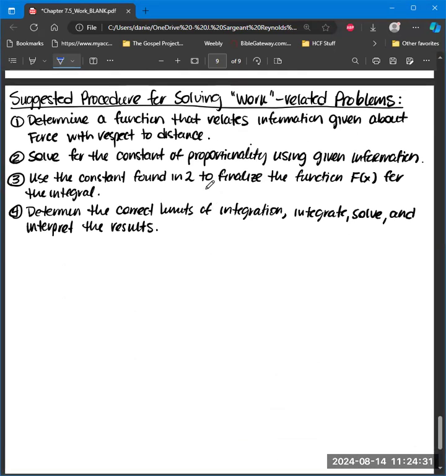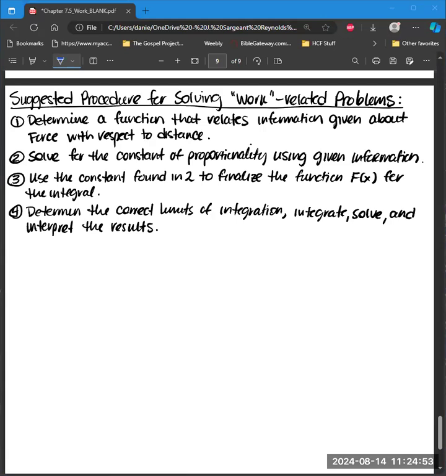So, a suggested procedure for solving work-related problems. One, determine a function that relates the information given about the force with respect to distance. Two, solve for the constant of proportionality. That's going to be different for all problems unless you are dealing with universal gravitation, where that's a known constant.